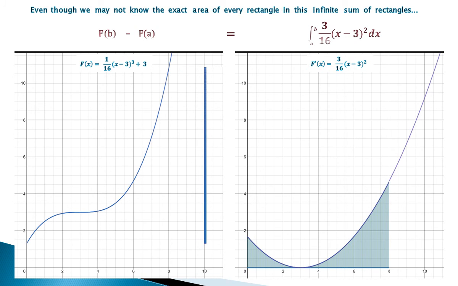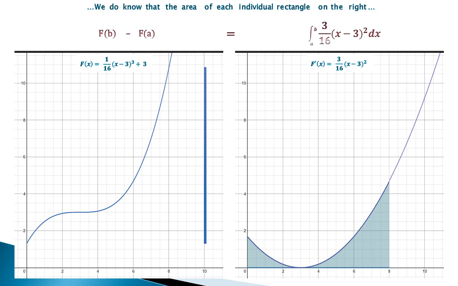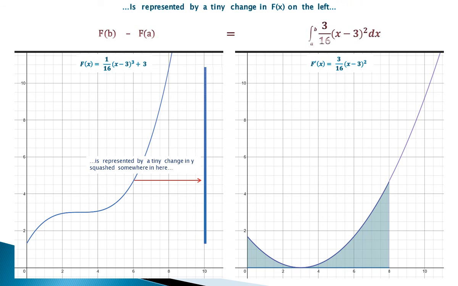Even though we may not know the exact area of every rectangle in this infinite sum of rectangles, we do know that the area of each individual rectangle on the right is represented by a tiny change in f of x on the left.